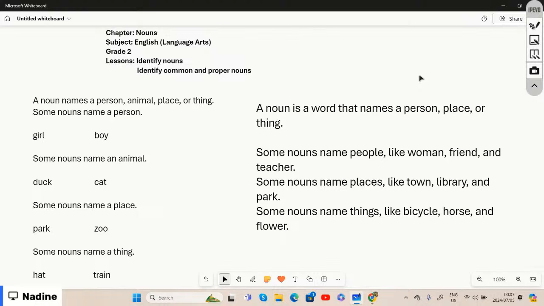For example, park and zoo, school, museum, right? So those are nouns that name places. And then some of our nouns name things, right? So it can be a hat, a train, a laptop, computer, books, pencils, right? Those are nouns.